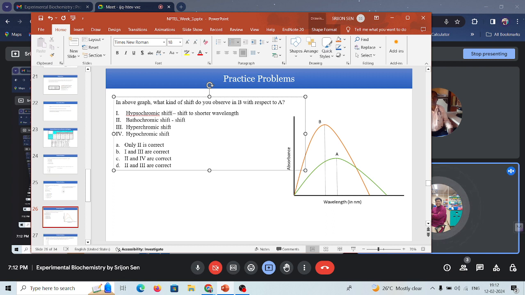Now bathochromic shift is a shift to longer wavelength. Hyperchromic shift is increased absorbance, and hypochromic shift is decreased absorbance. Okay, so these are the meanings of all of these shifts.